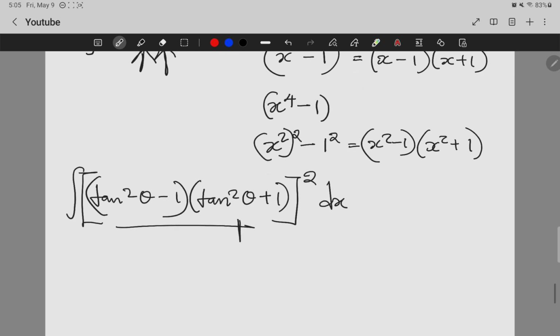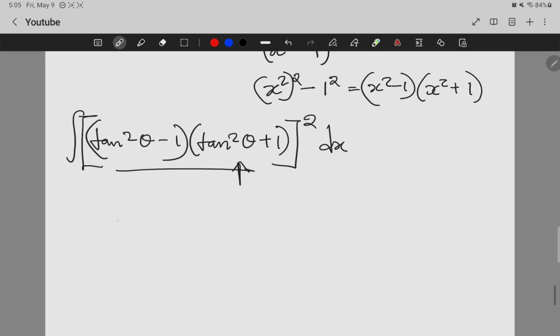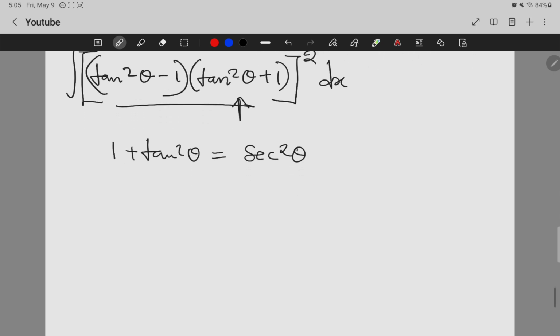From here, the idea is to introduce a sec term, because when you differentiate tan, you get sec squared. So I want sec squared to be present here. But luckily, we know that 1 plus tan squared theta always gives us sec squared theta, that identity.